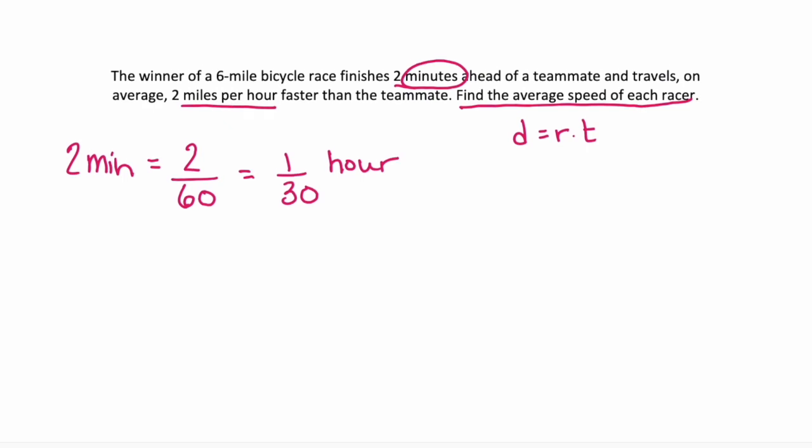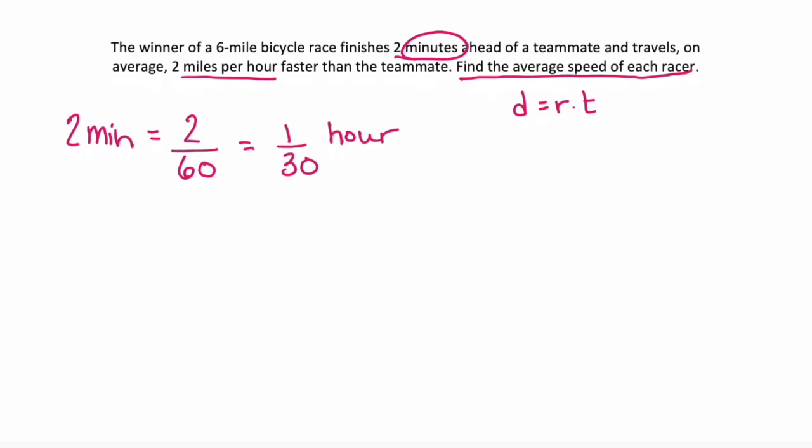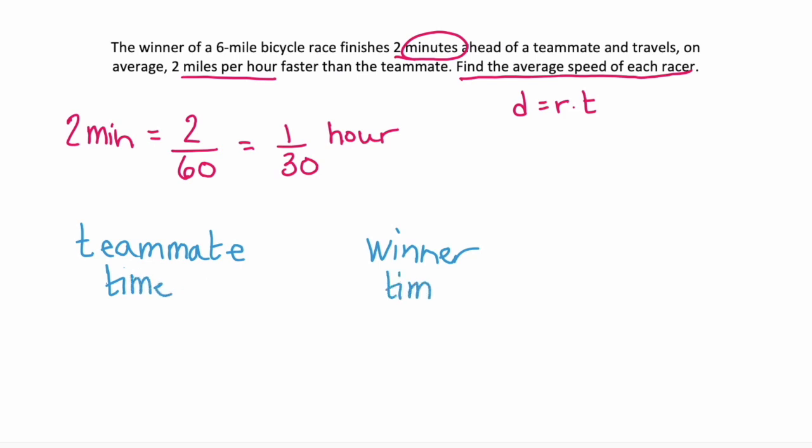Now, we know that we have 2 racers. We have a teammate, and we have the winner. Since the winner is faster, we can compare their times. So the teammate's time and the winner's time.